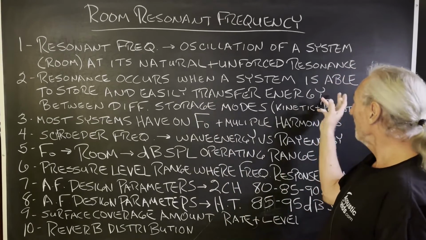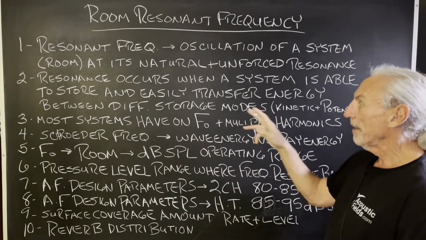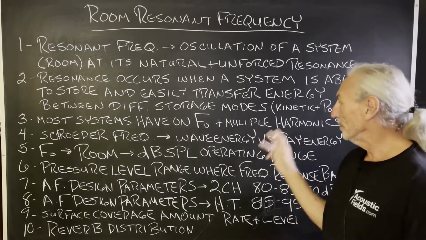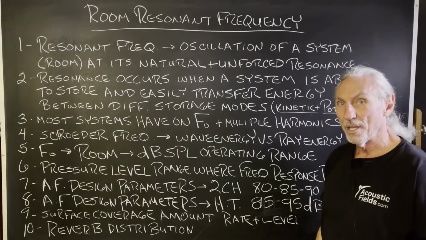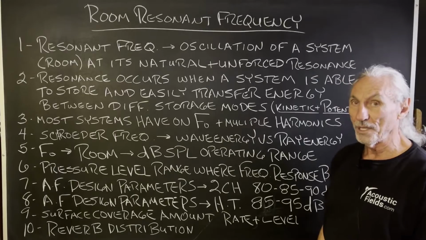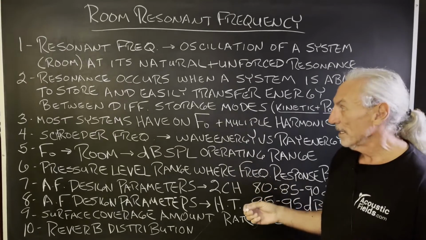Resonance occurs when a system is able to store and easily transfer energy between different storage modes. Kinetic, obviously, is the active, and potential is the passive mode of energy. So think about it in terms of a room, right?